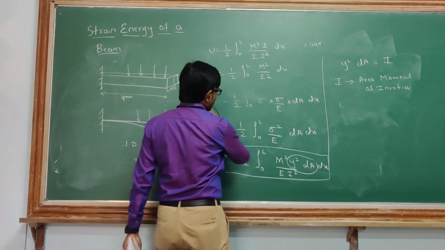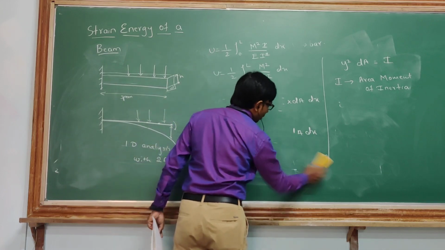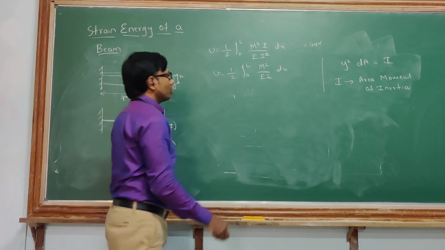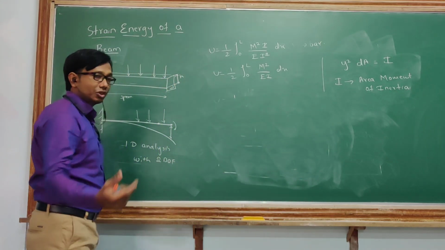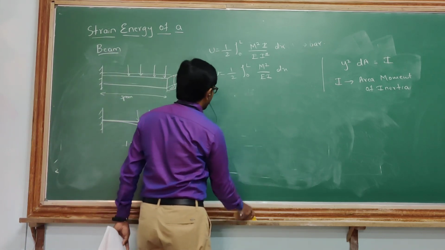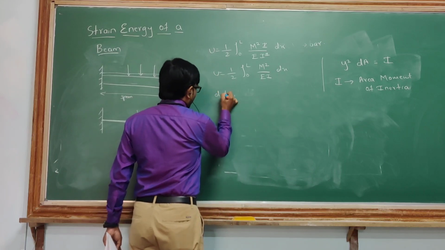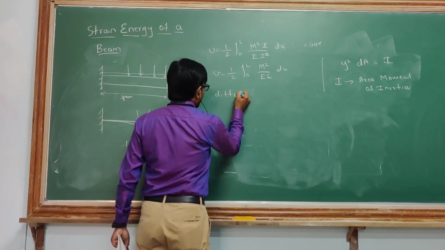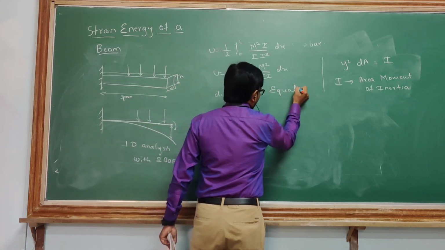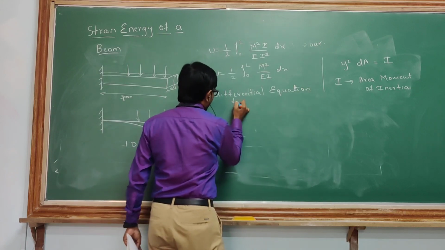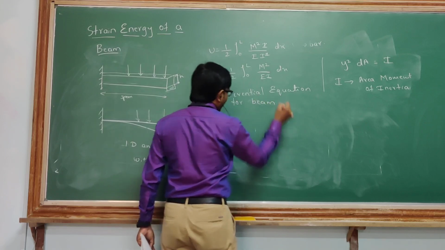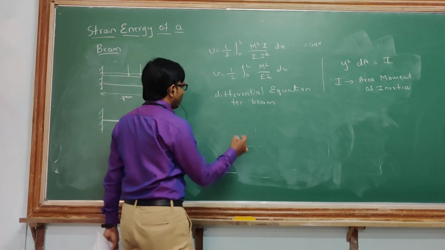One more simplification can also be done from this, because we need to simplify it as much as possible, where we can eliminate most of the terms and we will be getting a differential equation. For a beam, you will come across a parameter called bending moment.